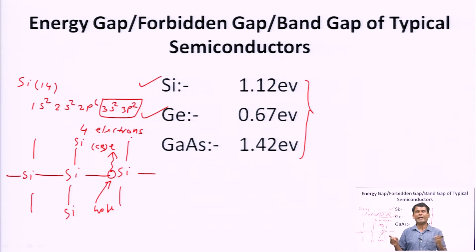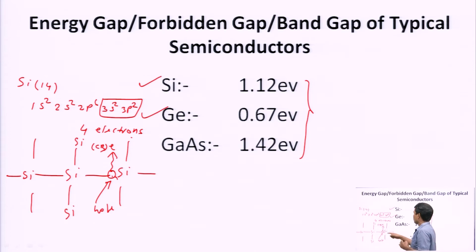This means when an electron is liberated from the covalent bond into the conduction band, by default there will be a hole in the valence band. This point is to be noted, that holes are always in the valence band. Holes are nothing but the deficiency of electrons. So the deficiency of electrons will always be in the valence band.